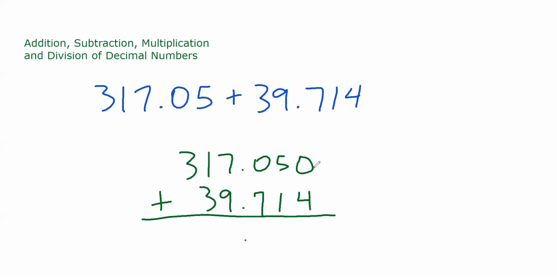We just proceed. 0 plus 4, 5 plus 1, 0 plus 7, 7 plus 9 is 16, so bring down the 6, carry the 1. 1 plus 1 plus 3 is 5. And then just 3 plus, technically there's another 0 here, though you don't have to put it. We end up with 356.764.